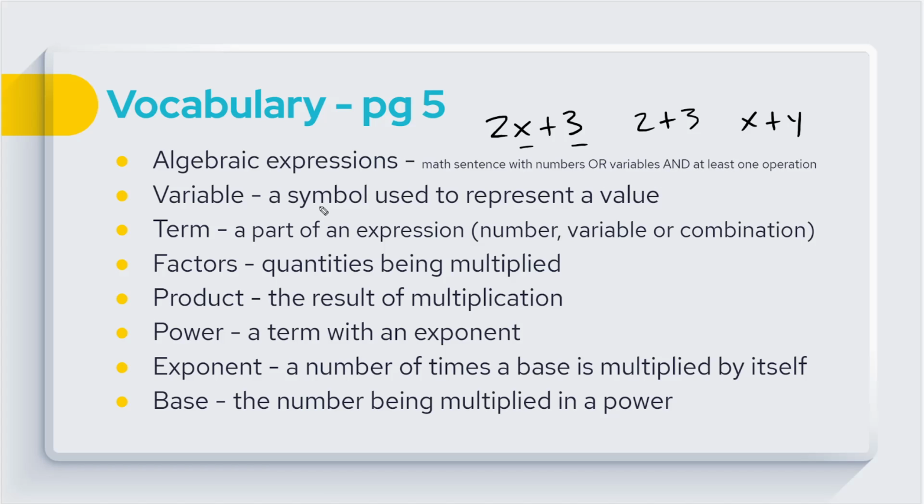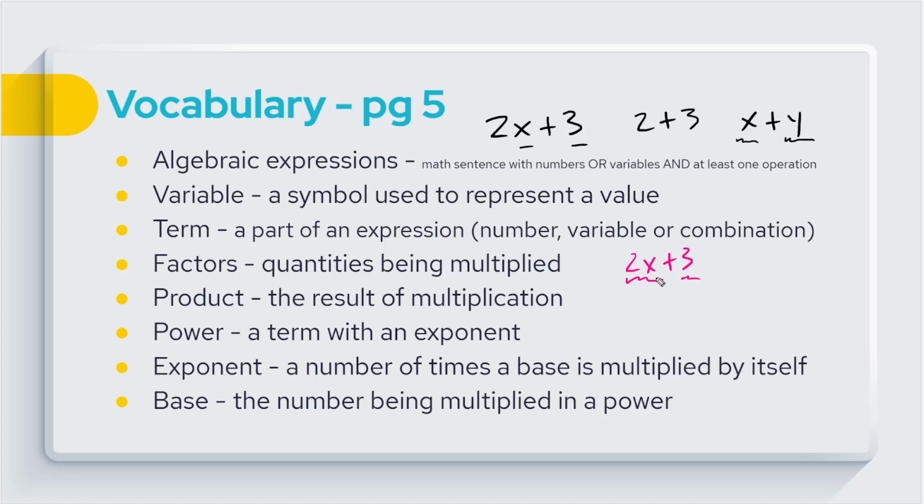A variable is a symbol used to represent a value, like x or y. A term is part of an expression that is a number or variable or a combination. For example, in 2x plus 3, 2x is a term, 3 is a term.